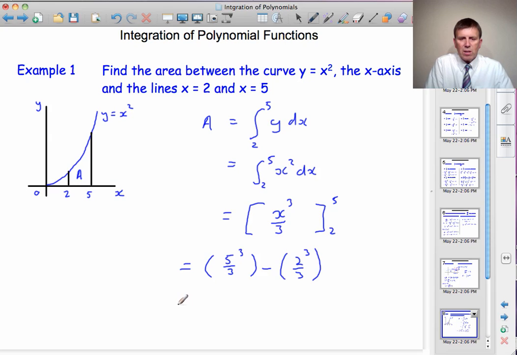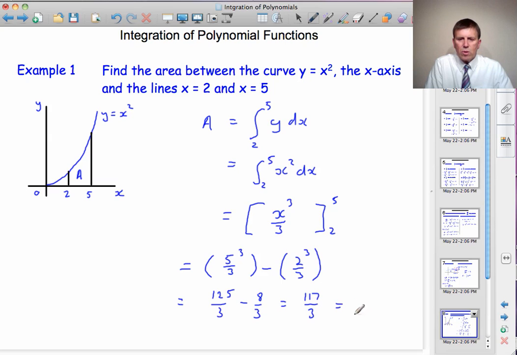So what does this give me? 5 cubed is 125, so that's 125 over 3. Minus 2 cubed is 8, so it's minus 8 over 3. 125 minus 8 is 117.